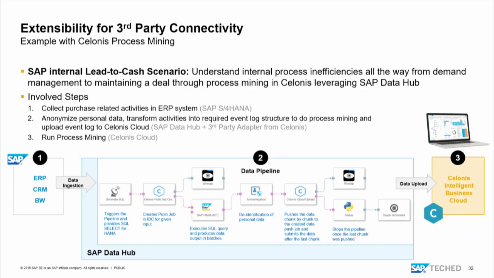We anonymized the data because we are talking here about sales data, GDPR, and all of that stuff. So we have possibilities out of the box within this operator here in the middle to anonymize it, meaning to demask, to scramble data, so that you can also work with that. And then we built a custom way how this could be pushed into Celonis, and then data mining happens there, right?